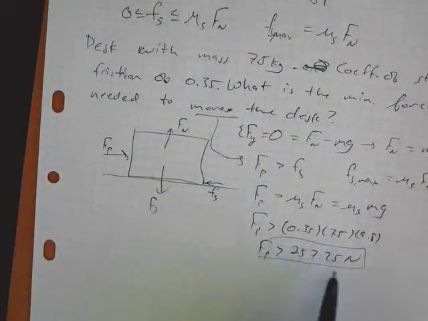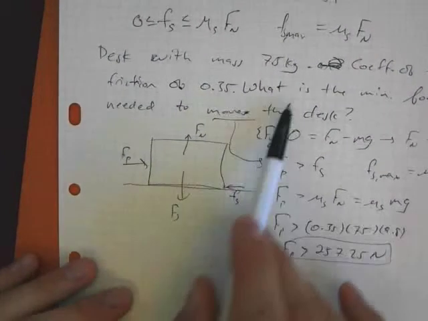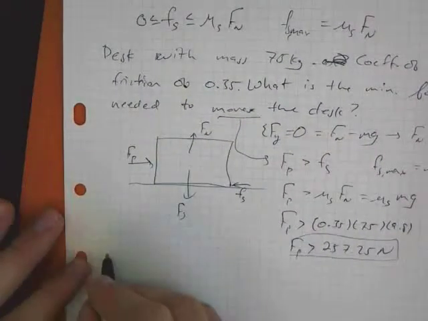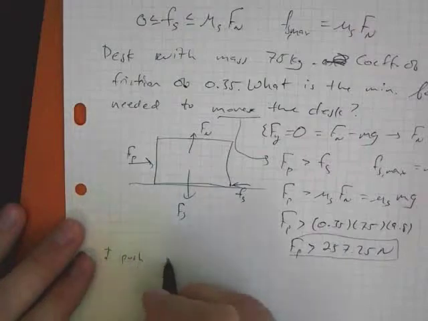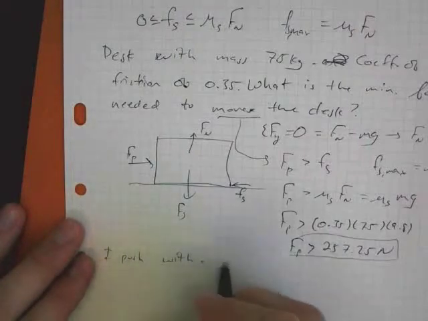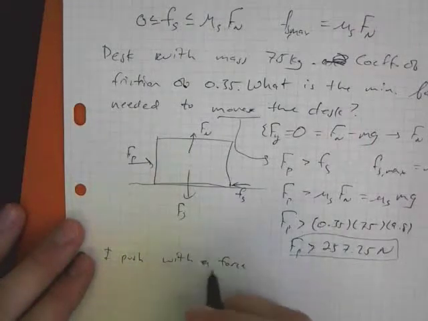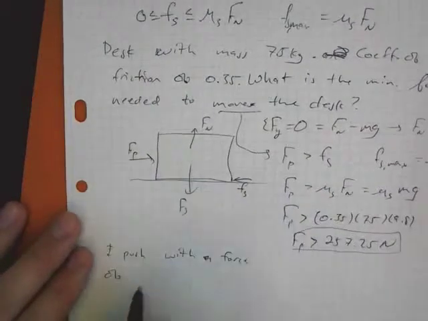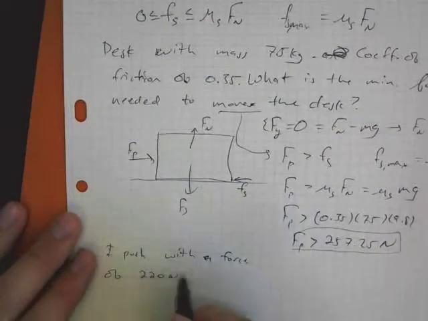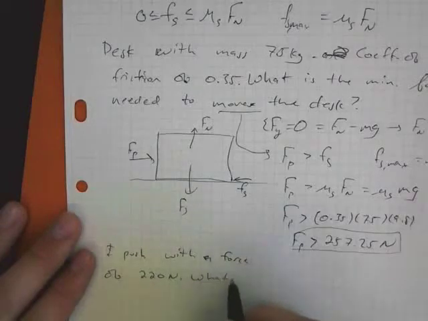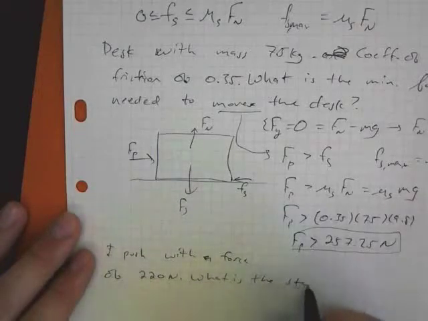But I could also throw a wrench in that. What if I said, instead of what is the minimum force needed to move the desk, I push with a force of 220 newtons. What is the static frictional force?